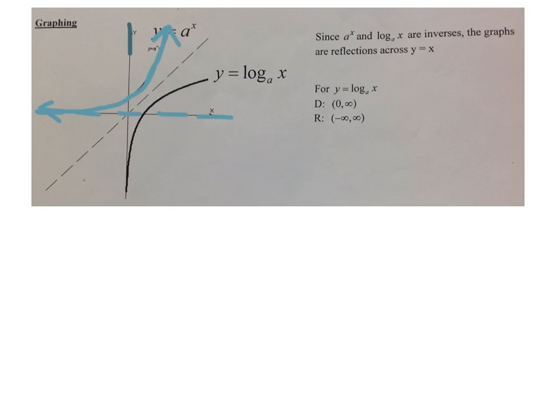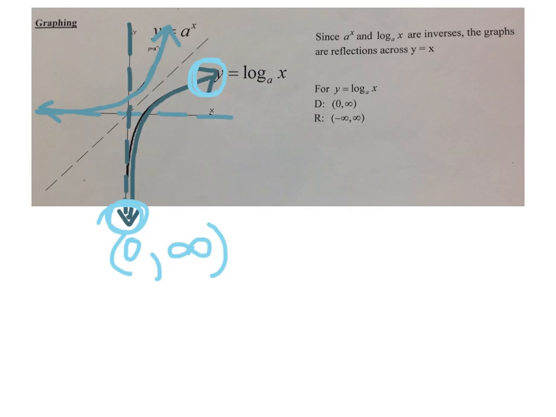It's going to have a vertical asymptote at x equals 0, and it will be approaching that asymptote just like that. Our domain starts at 0 and doesn't touch it, goes on to infinity. And our range, negative infinity to positive infinity. So it's just the opposite of your exponential function.